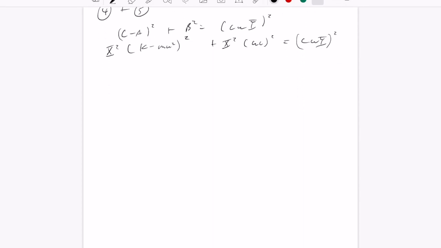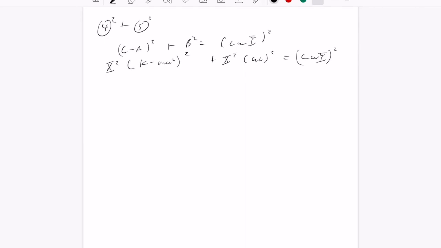Okay. And you do the algebra again. We've seen this algebra before. I'm not going to do it. You end up with x is equal to y times c omega squared over k minus m omega squared squared plus c omega squared to the 1/2.